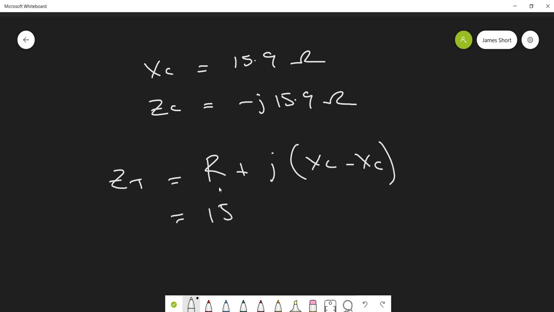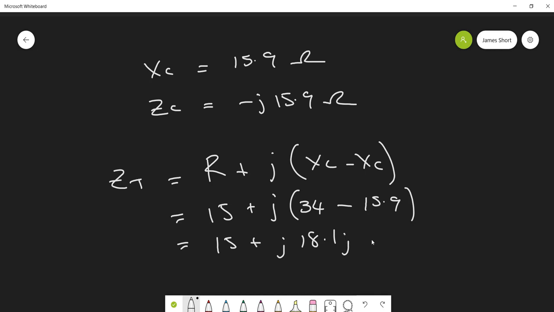So calculated as 15 plus J, XL, we calculated that earlier on as 34, XC is 15.9. So ZT is, in rectangular form, 15 plus 18.1 J. Whoops, I've already put the J.